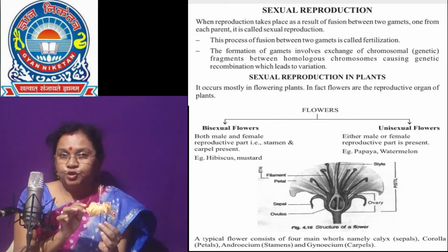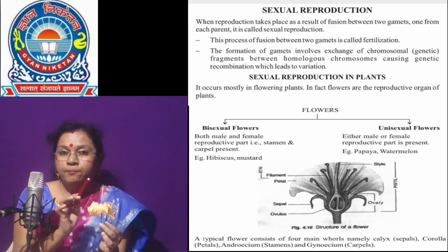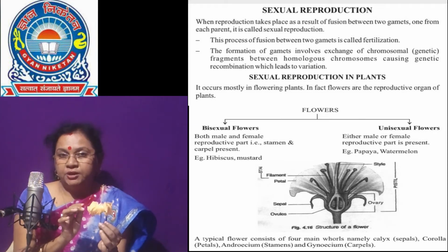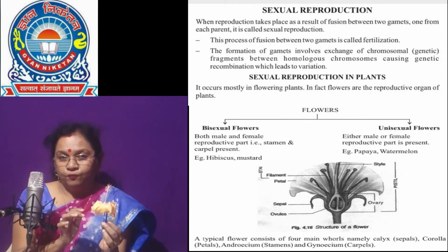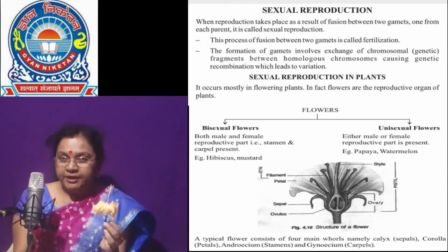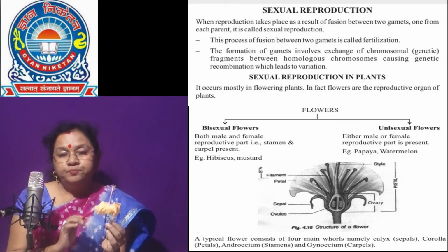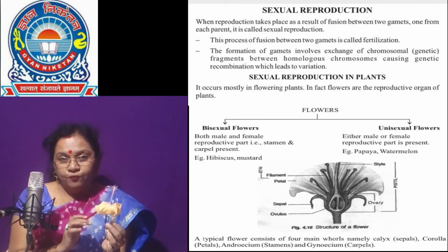This pollen tube brings down the pollen nuclei, which are two in number, for double fertilization in plants. They come towards the micropylar region of the ovule and fertilize it.